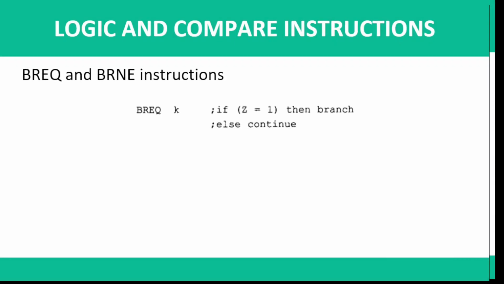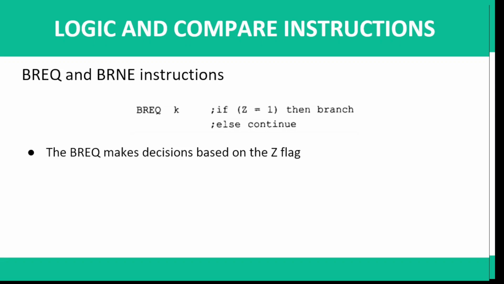So again, to emphasize, we have BREQ and BRNE. As I have said, BREQ will branch if Z is equal to 1, else continue. BREQ makes decisions based on the Z flag, and also the BRNE.